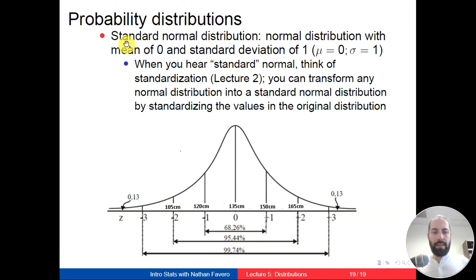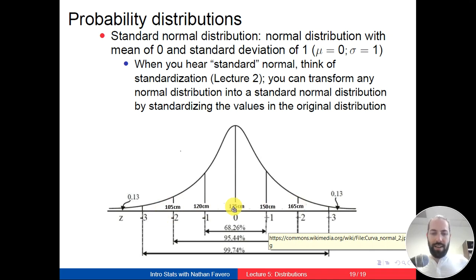And one of the reasons this is called the standard normal distribution is because it's related to this idea of standardization that we learned about in lecture 2. You might recall that we said that standardization was a way to transform a variable, where we changed the variable so that it had a mean of 0 and a standard deviation of 1. Well, that's exactly what the standard normal distribution looks like. It has a mean of 0 and a standard deviation of 1. So you can see at the top above the horizontal line, we have values that are different.